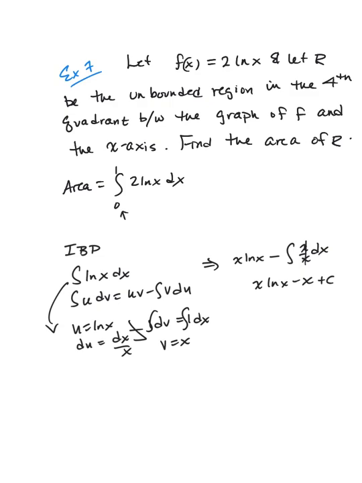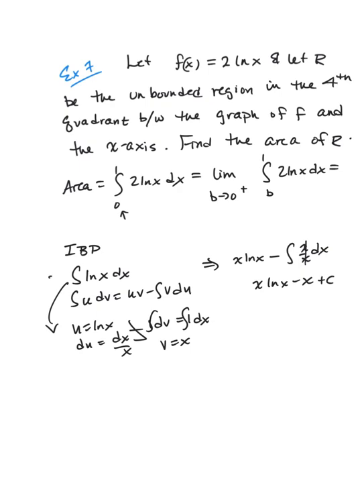We're not going to need the c in the end here because this has bounds of integration. Okay, where is the discontinuity? The infinite discontinuity is as you approach 0 from the right. So we have the limit as b approaches 0 from the right of the integral from b to 1 of 2 ln x dx.